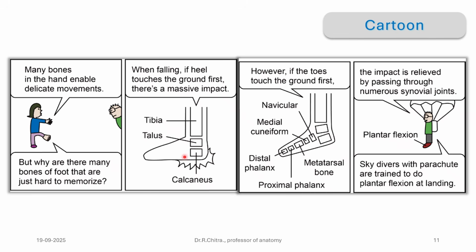Calcaneus forms the heel, we have to remember. When walking, the heel touches the ground, the calcaneus touches the ground. Talus is the link between the leg and the foot. Again, if you compare the upper limb, proximal row carpal bones all are articulating with the forearm bones. Here, tibia and fibula only articulate with talus.